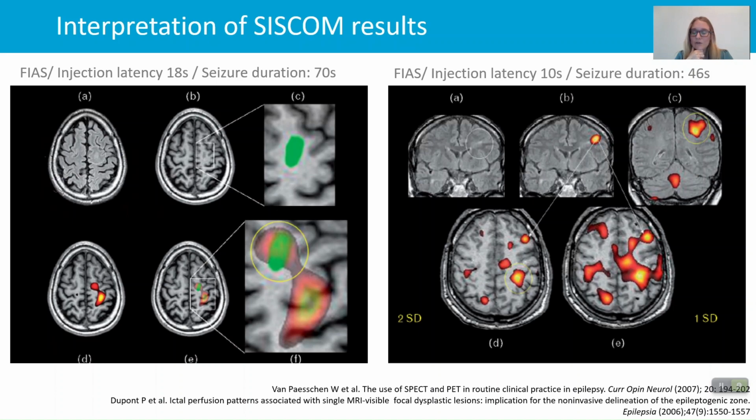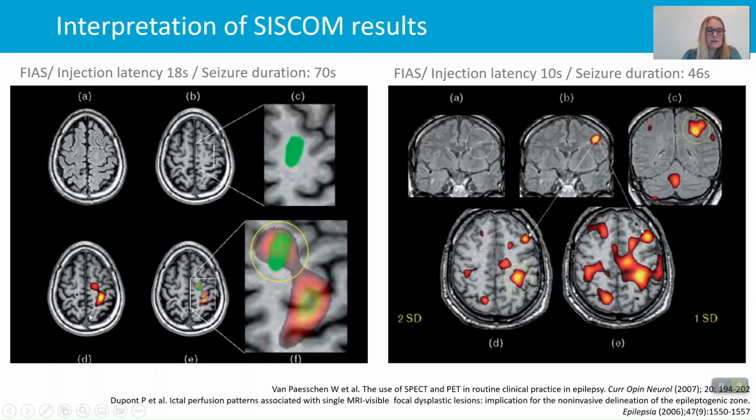So here are some examples from our center that were published in 2007, 2006. This was a patient injected during a focal impaired awareness seizure, injection latency of 18 seconds with a seizure duration of 70 seconds. Patient had presumed focal cortical dysplasia right here, manually delineated here in green.